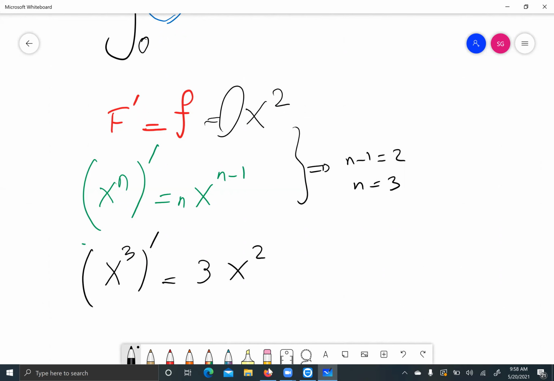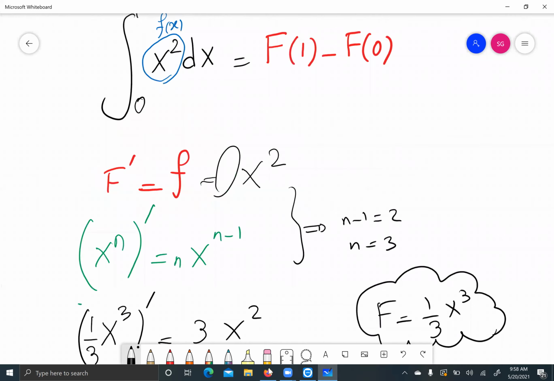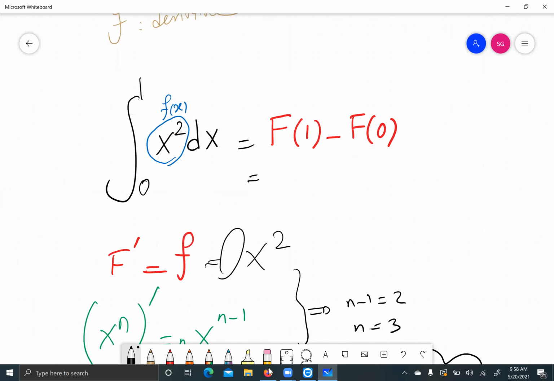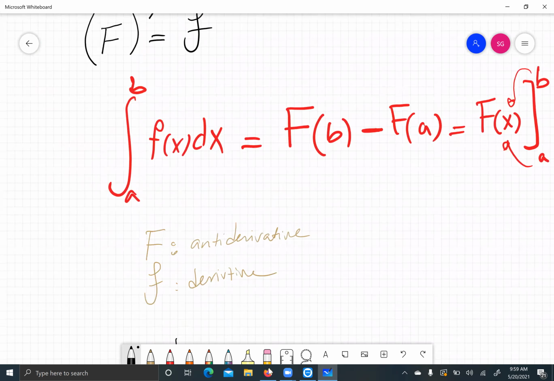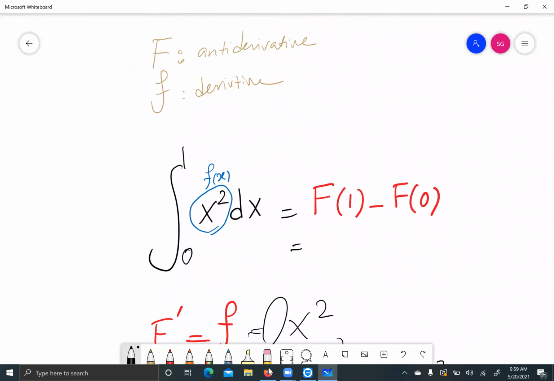So that was why it was multiplied by 1/3. So that's it. The antiderivative is 1/3 x cubed. So we just undo the process to find the original function. So it's going to be 1/3 times 1 cubed minus 1/3 times 0 cubed, which is going to be 1/3.